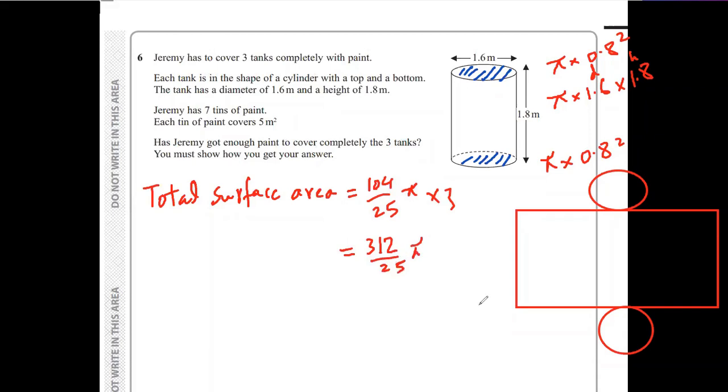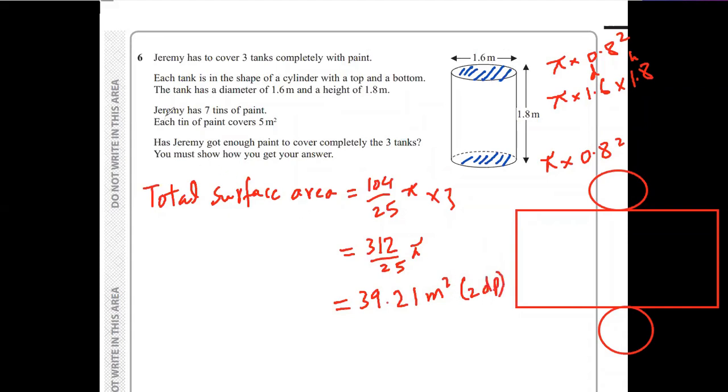And if I press the F to D button, I will actually get 39.21. Centimeter squared? No, not centimeter, meter squared, because the unit is meter. Okay, and this is corrected to 2 decimal places.